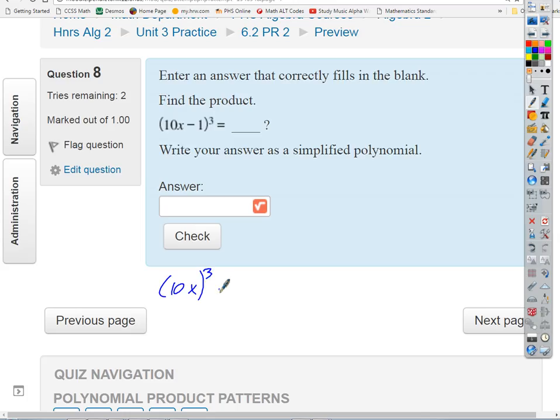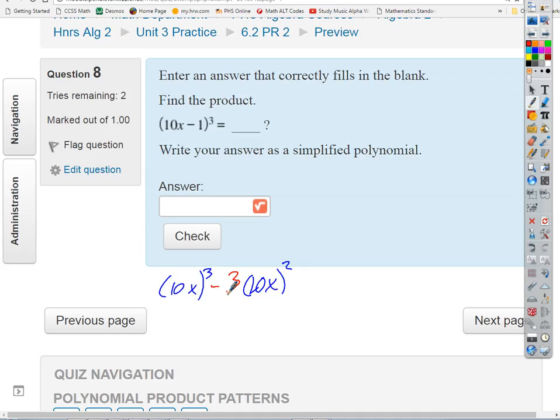Plus 10x squared times minus 1 to the 1. So what's that make the sign of that term? Right? Everybody agree?